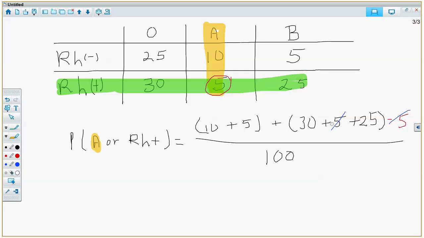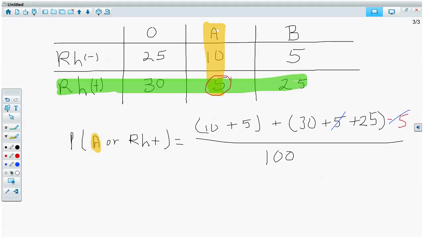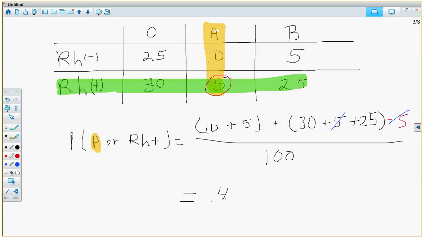And 25 plus 5 is 30, so that's a probability of point what? 0.4? Yes or no? Should be 0.4 or 40%. Of course, 40% is called chance.